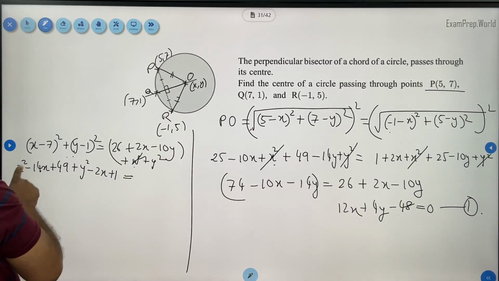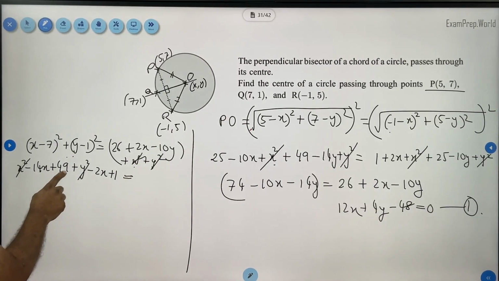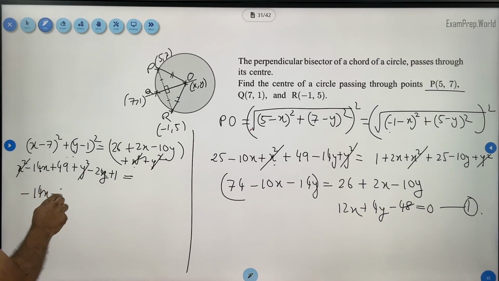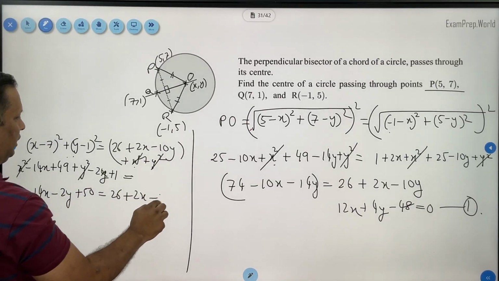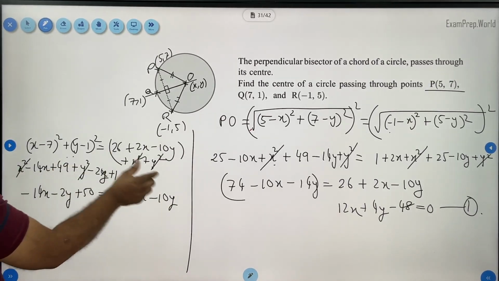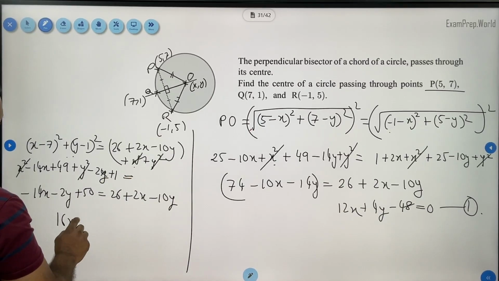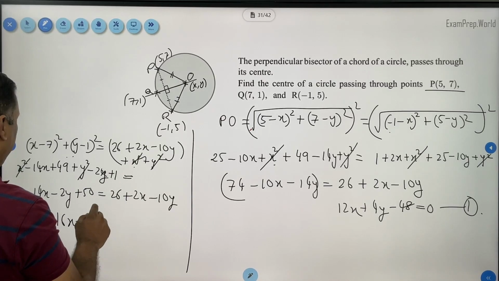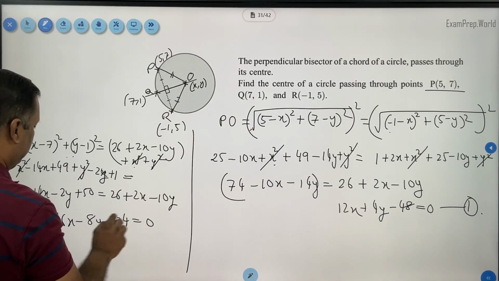Cancel x square with x square, y square with y square, you are left with negative 14x minus 2y plus 50 equals 26 plus 2x minus 10y. Get all of them here, so 2x plus 14x becomes 16x, negative 2y will go there, become plus 2y minus 8y, and 50 will come here, becomes negative 50, so minus 24 equal to 0.